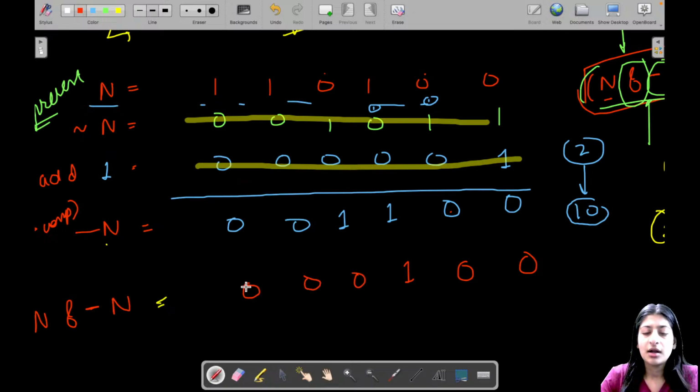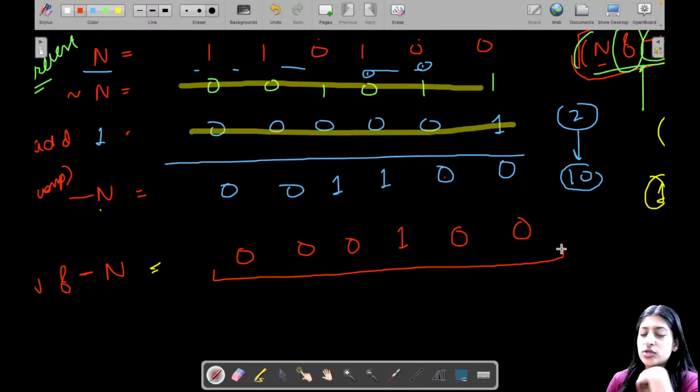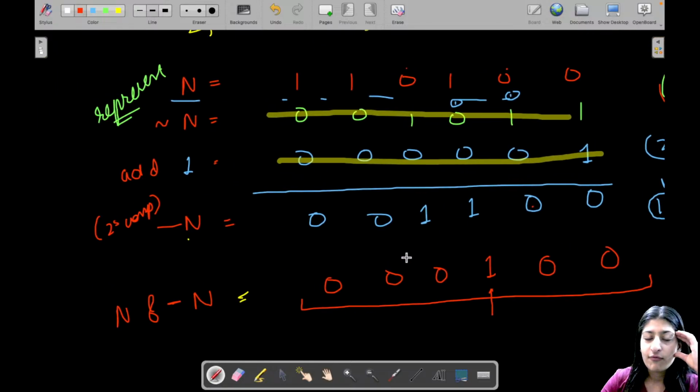Now what you can see is that in the binary representation of the number we got, we have 1 present at exactly that position where in my n originally I had the first one from the rightmost index. Do you get this?